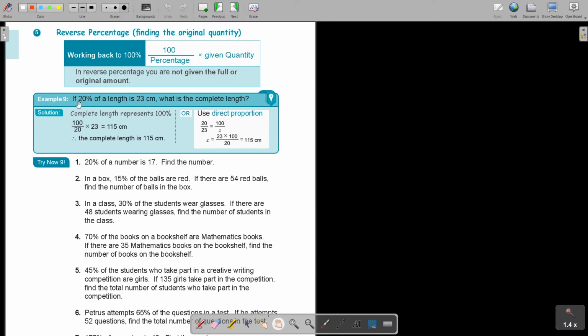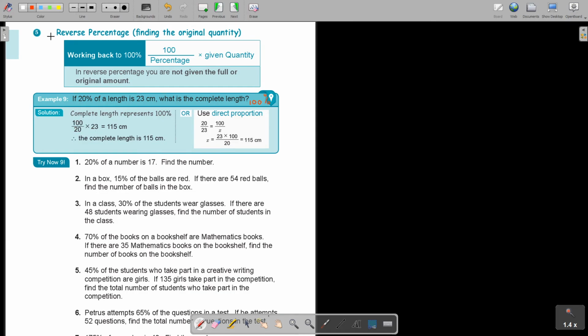So if I say, if 20% of a length is 23, what is the complete length? So 20% I know is 23, but the complete length is represented by 100%. So this is where I will put the one I want, I put on top. So it's 100 over 20 times 23.